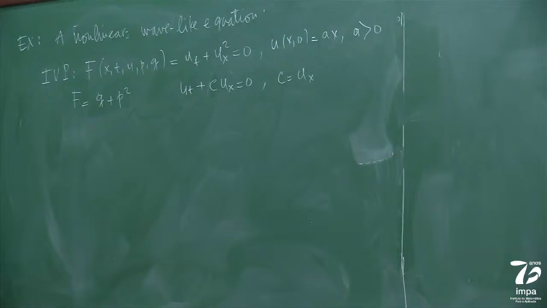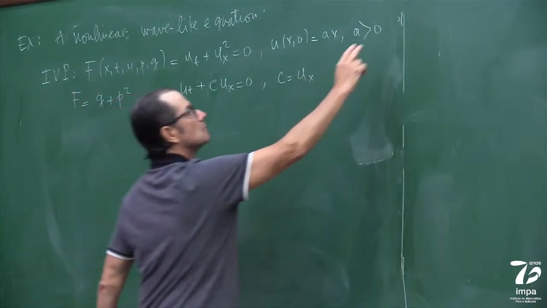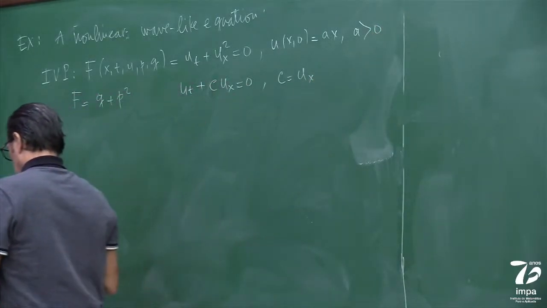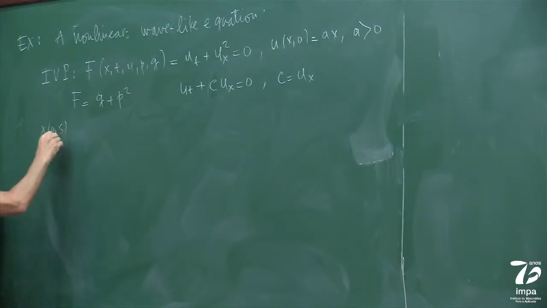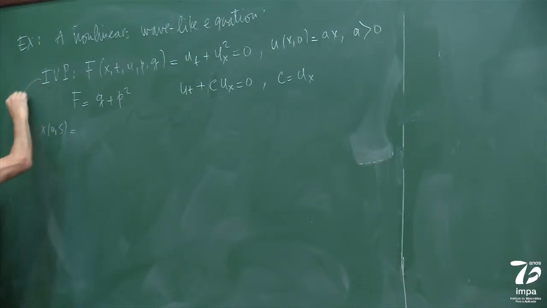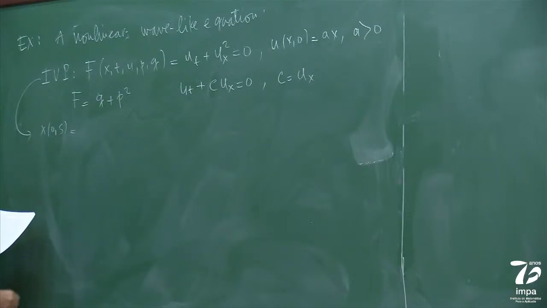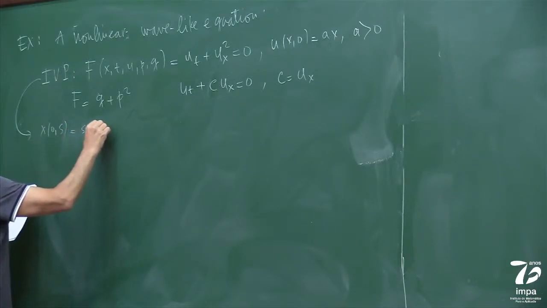The solution, kind of the characteristic equations, are simple. Everything is kind of simple, but the dynamics has a little bit of a different thing, and that's what I'll point out very briefly. Okay, so if we parameterize our initial value problem, right?